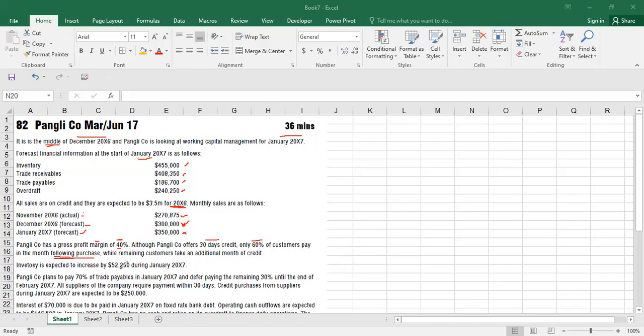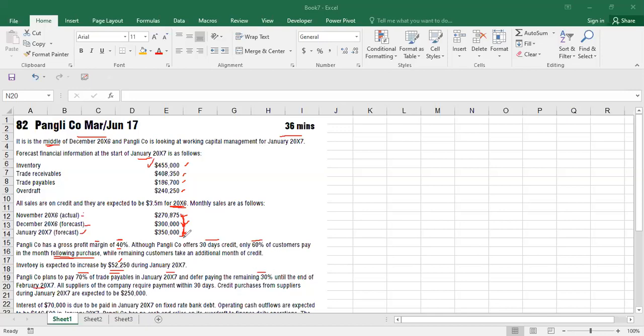Inventory is expected to increase by 50 to 250. So your opening inventory is 455,000. Closing inventory will be 455,000 plus 52,000. Pangli company plans to pay 70% of trade payables. So from here, we can calculate our purchases, and those purchases will be our payables. 70% of payables in January 2007, and defer paying the remaining 30% until the end of February.